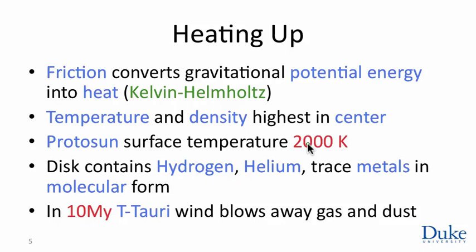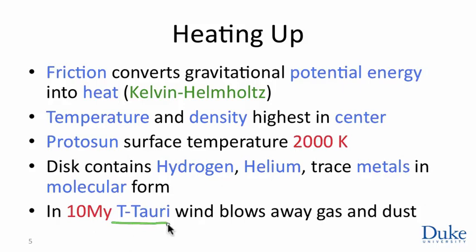The ticking clock is that within about 10 million years, the sun will ignite as a star. When that happens, the stellar wind, the solar wind that we discussed, undergoes a very intense period where for a few million years, the solar wind is extremely intense, a few tens of millions of years. This is called the T-Tauri wind. Stars in this stage are called T-Tauri stars.